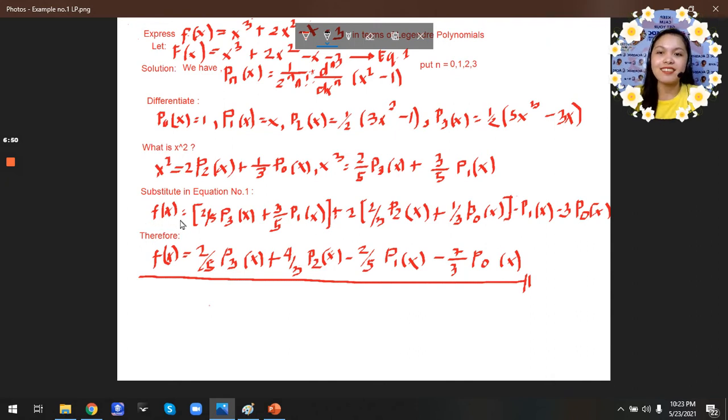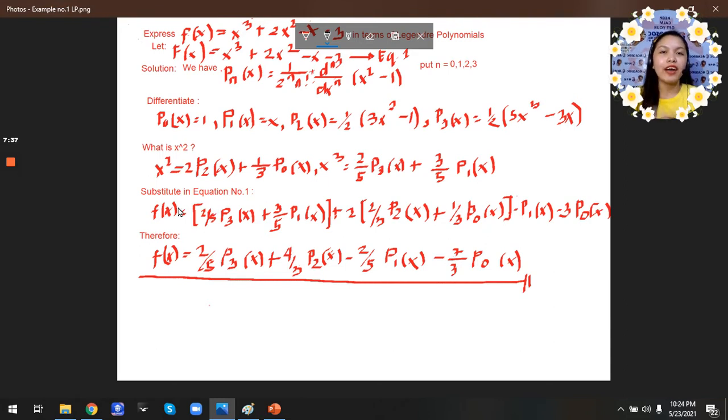We have f of x equals 2/5 P sub 3 of x plus 3/5 P sub 1 of x, plus 2 times (2/3 P sub 2 of x plus 1/3 P sub 0 of x), minus P sub 1 of x, minus 3 P sub 0 of x. That is the substitution in equation number 1.